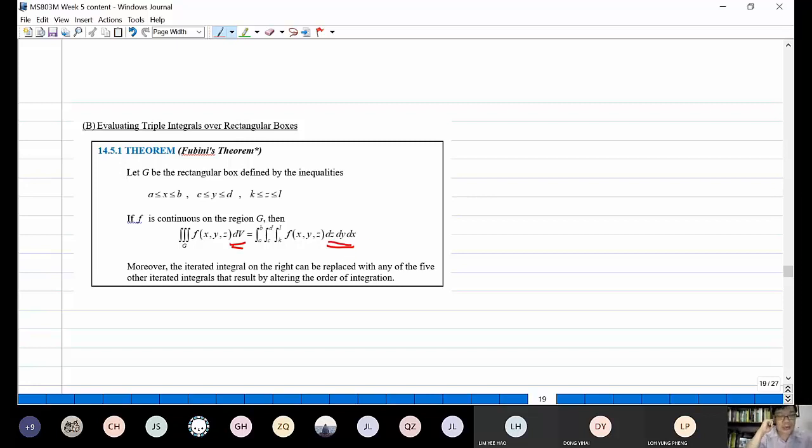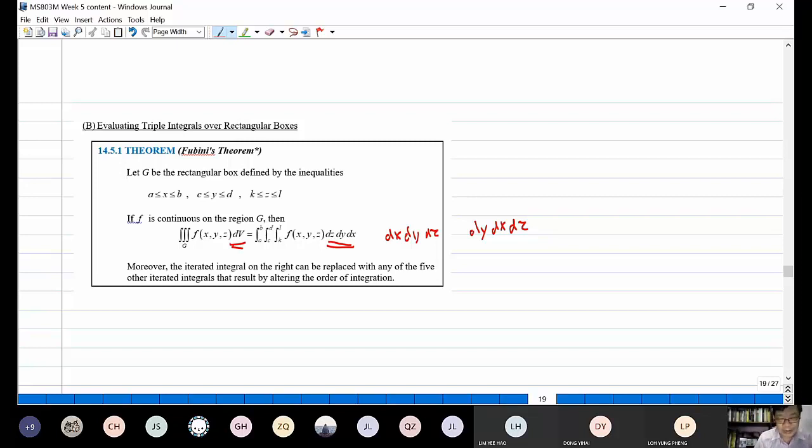There are 6 variations, depending on the limits. You can do dz, dy, dx, or dx, dy, dz, one possibility, or dy, dx, dz, another one. All together there are 6 possibilities. Write down the integral.